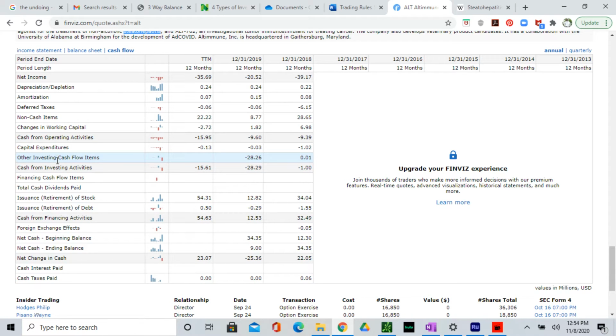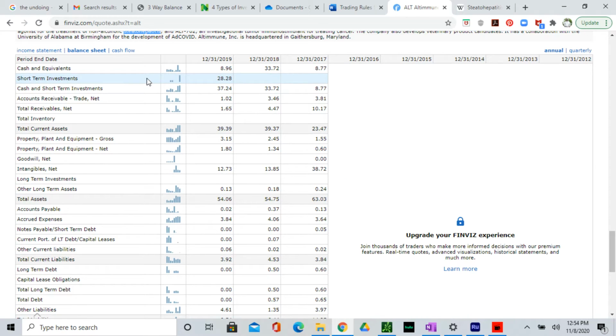Non-cash items, cash from investing activities, negative 15. Cash from operating activities, right, negative 15. Cash from financing activities, 54. So it's like they have some type of cash, but they're really not as great in their cash flow as far as holding cash.